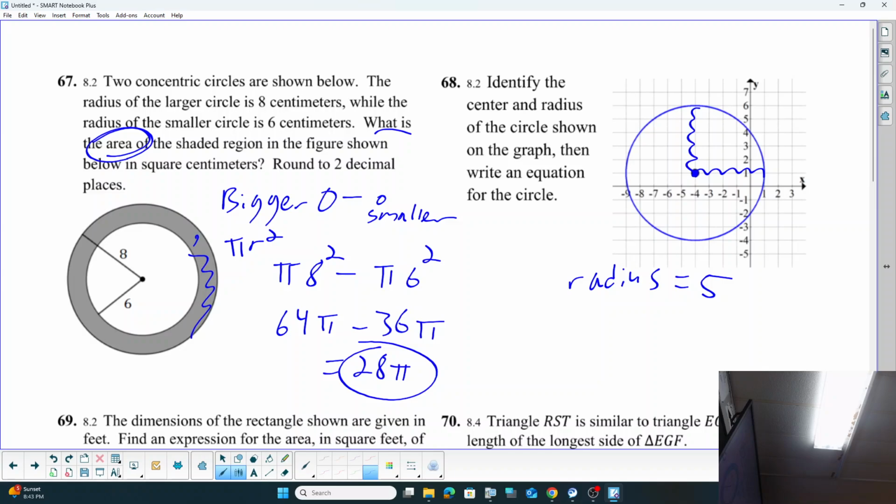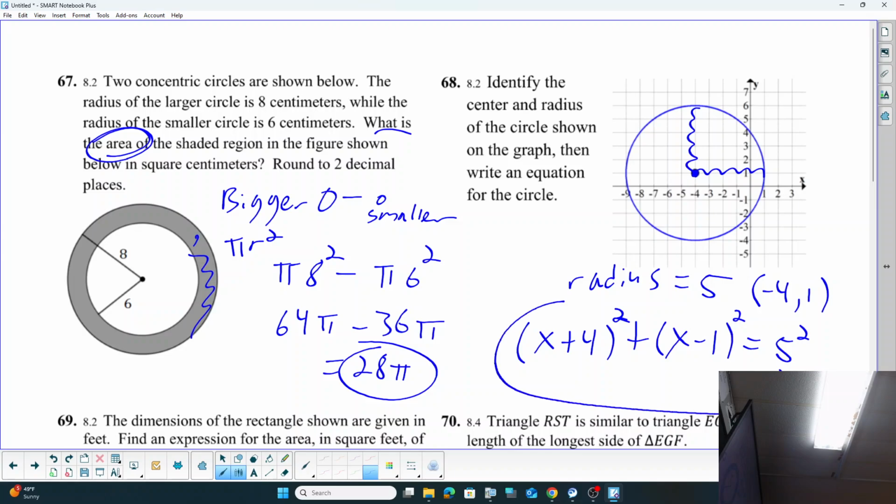And we have a center of negative 4, 1. So then you'd go x plus 4 all squared plus y minus 1, opposite sign, all squared, equals 5 squared, which is 25. Nice, I like it.